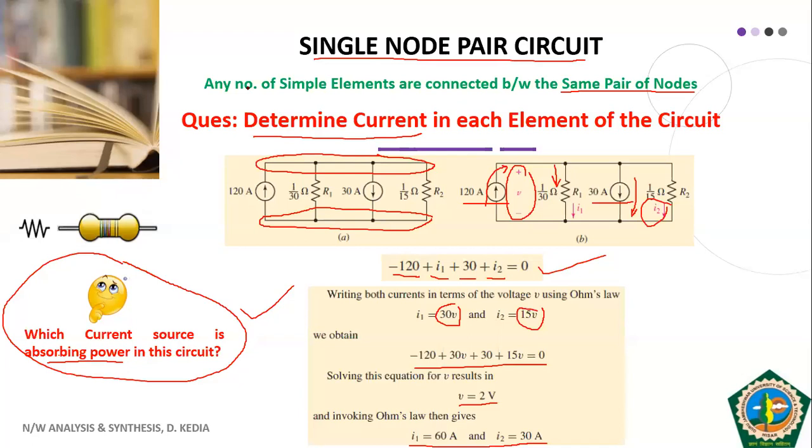Okay, let me explain here. Normally the purpose of any current source or voltage source is to provide power to the circuit. You can understand it like this. All of us have inverters in our home, and they perform two kinds of functions.